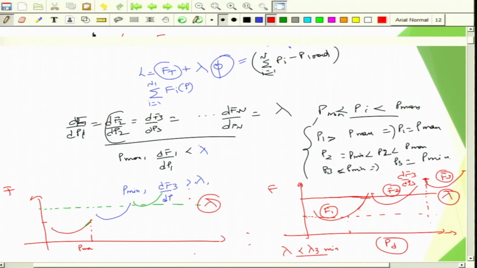So what it suggests, the lambda for this specific generator, this is P1, and this is for P2, the generator 2, sorry, let me write like this, this is for unit 1 and this is for unit 2, this is for unit 3, the third generator.